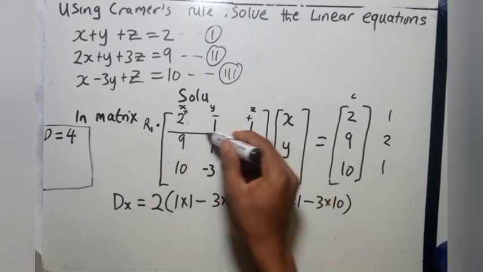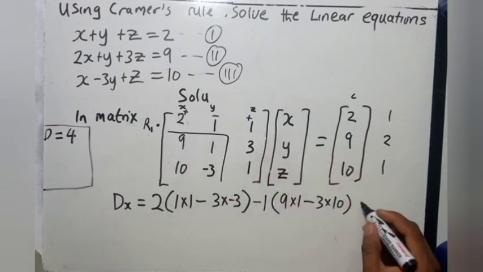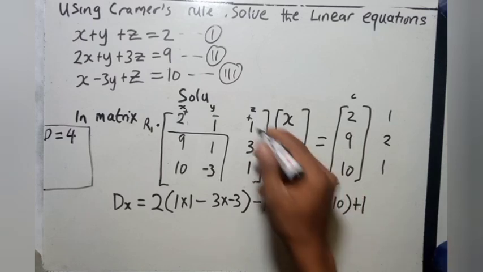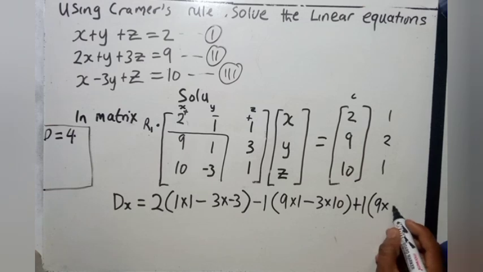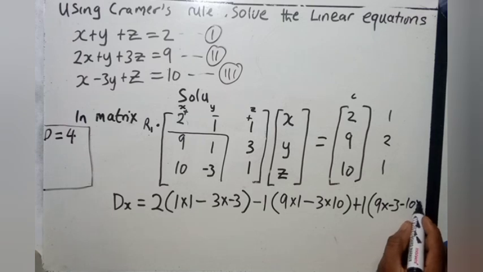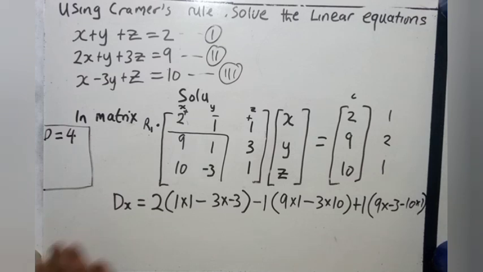For our z, we have plus 1 there. Now we have 9 times minus 3 minus 10 times 1. Now we have gotten our determinant. Now it's for us to get our answer.